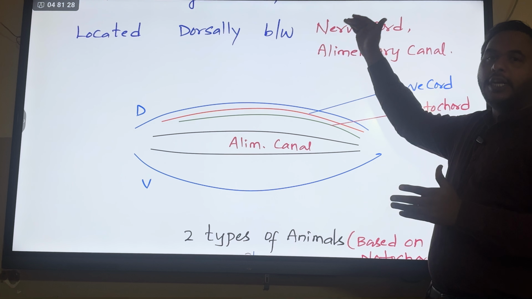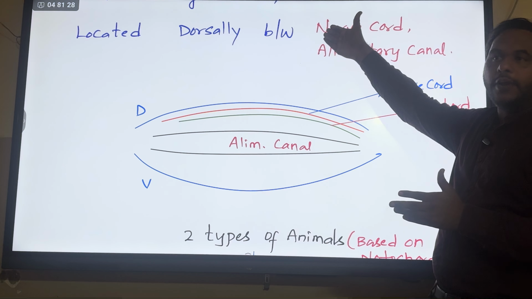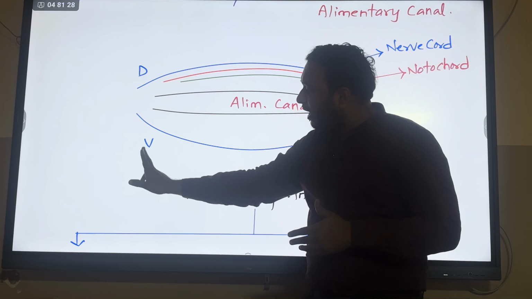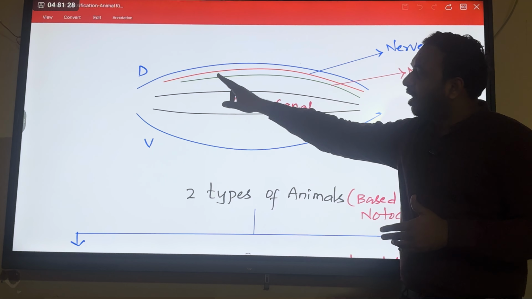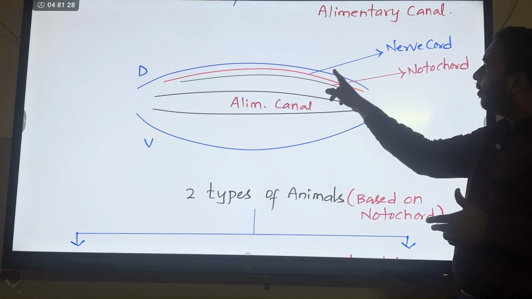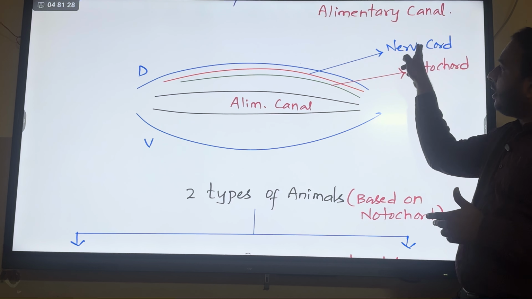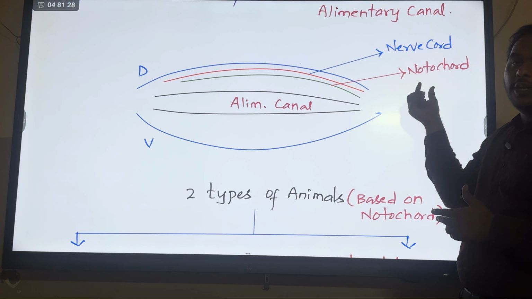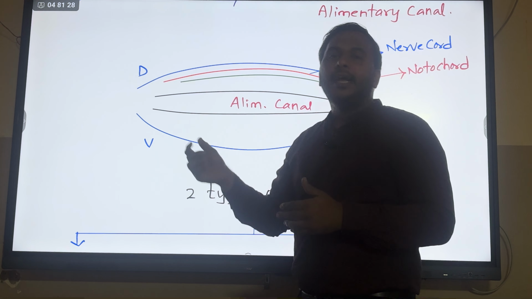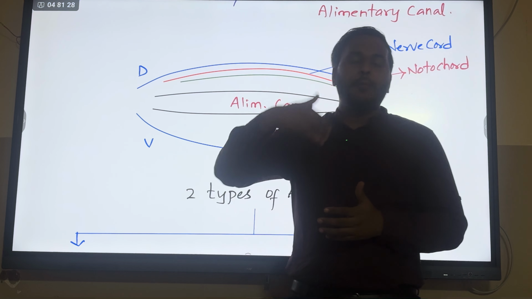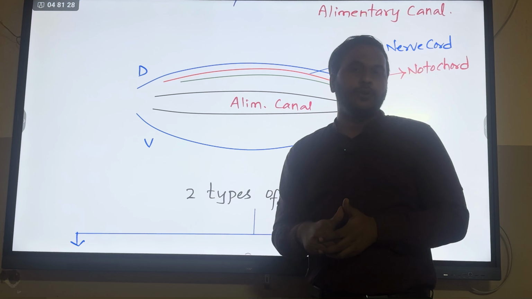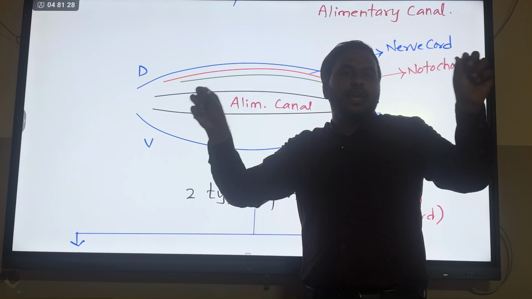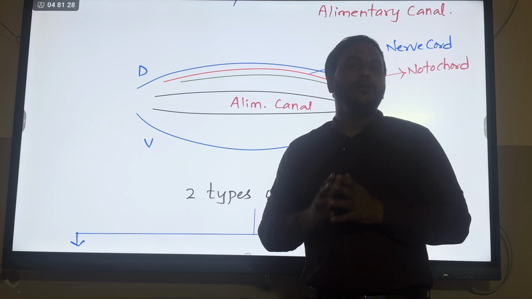That means below the nerve cord, above the alimentary canal. D for dorsal side, V for ventral side, and at the extreme dorsal you will see the nerve cord, below that the notochord, and below that the alimentary canal.